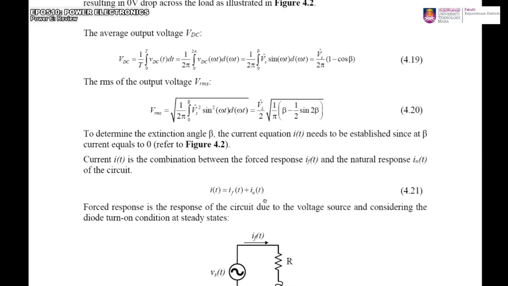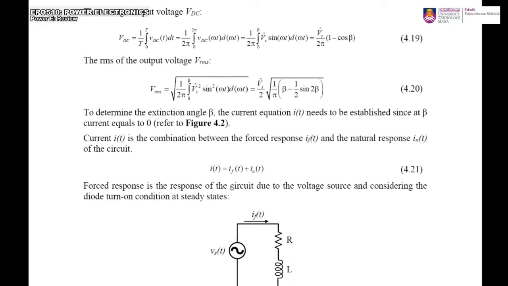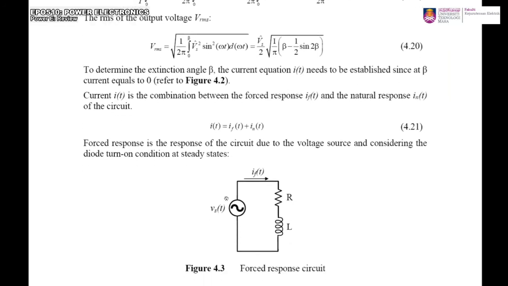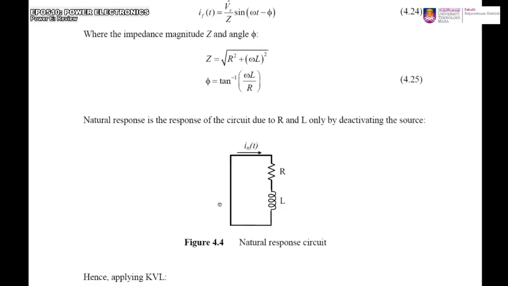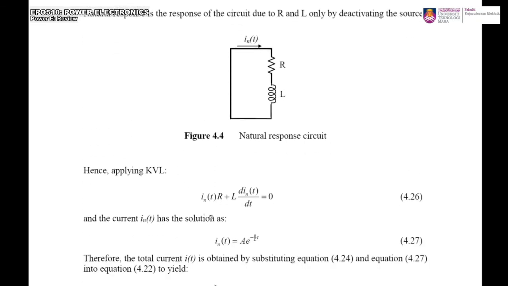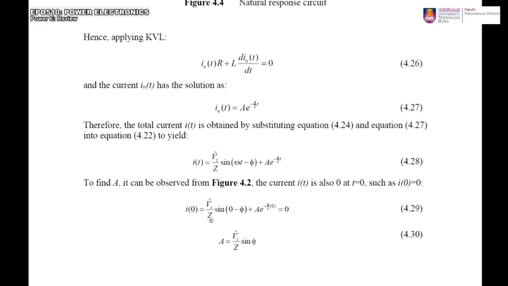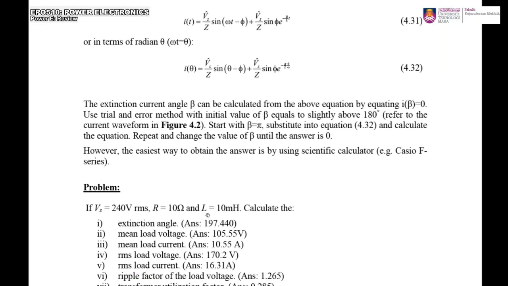For the equations, I put here the detail on how to obtain the equation for the current. You have a forced response circuit and a natural response circuit. Please go through them, and you should understand how it is derived. Finally, you have this equation: in terms of theta, i(theta) equals V peak over Z sine(theta minus phi) plus V peak over Z sine phi times the exponential term.